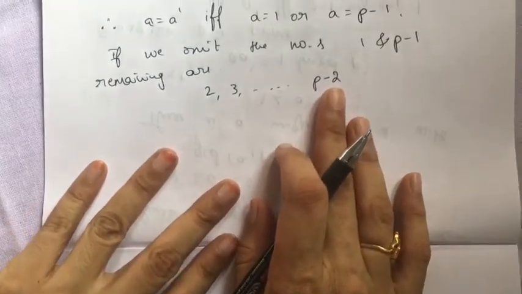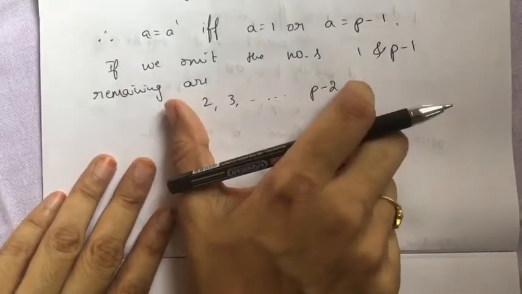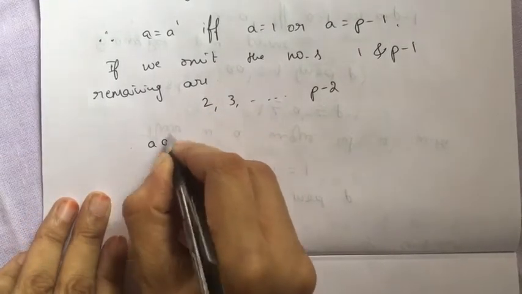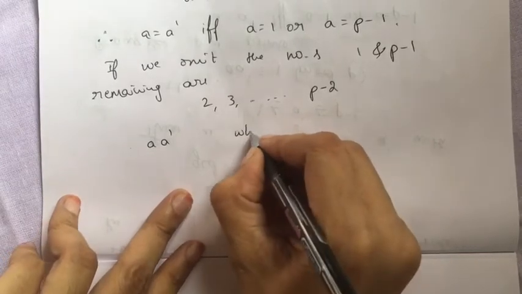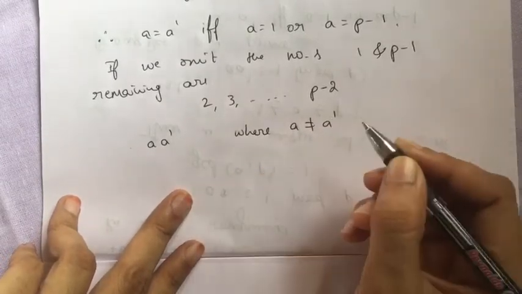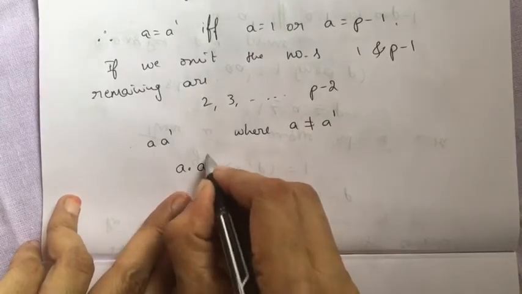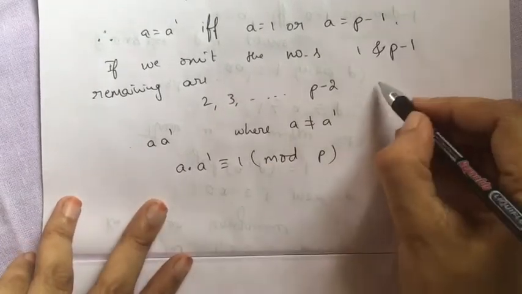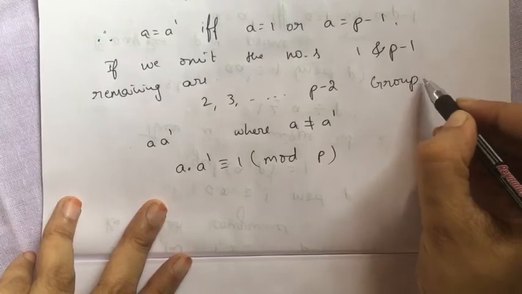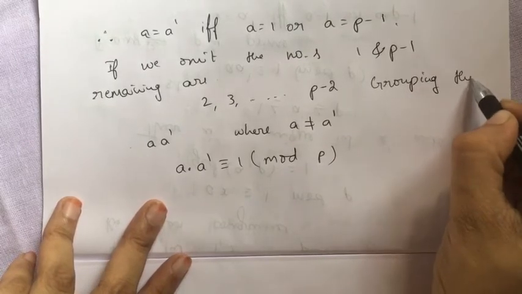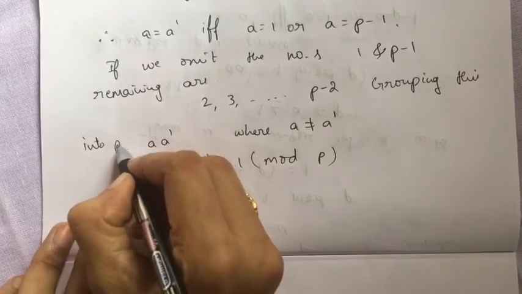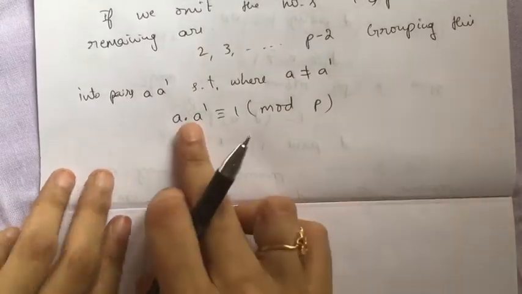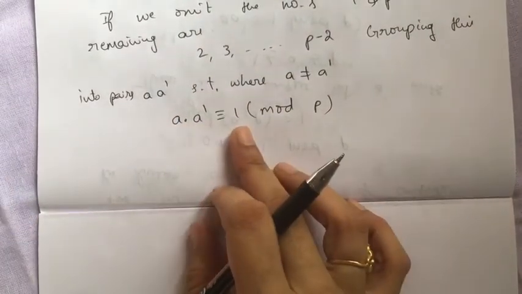Now I am grouping these integers into pairs a, a dash such that a is not equal to a dash and the product a a dash is congruent to 1 mod p.